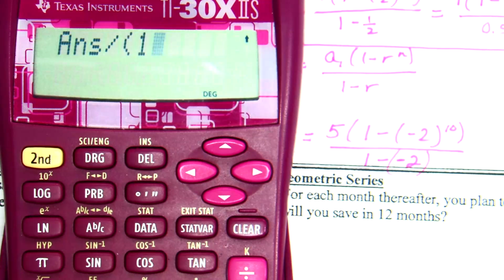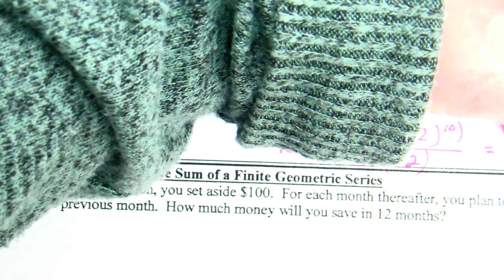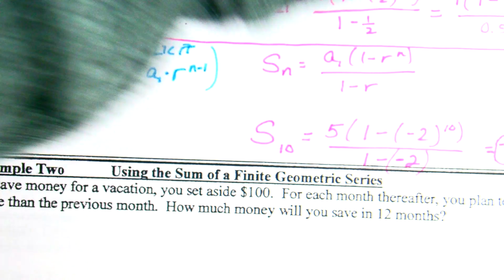Now, does a negative make sense? And this is the thing, you can't really see this, but there's a negative base, right? That negative base, that negative r, remember r is negative, that means every other term is going to be negative, isn't it?